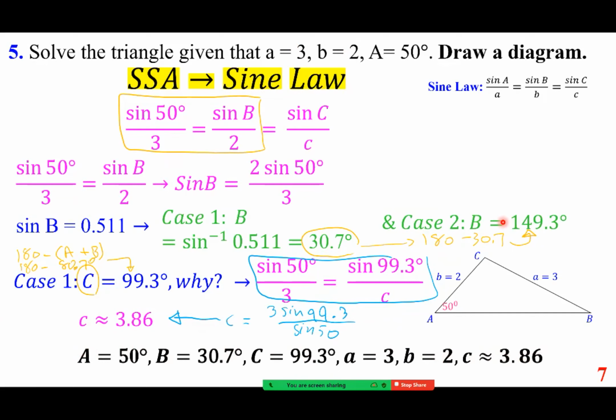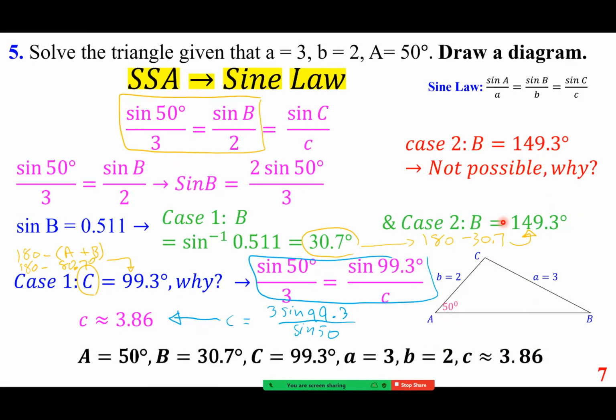What about case 2? That is not possible. Why is that? Because when you add this one with 50, the sum is more than 180. So there is no way to find the third angle. So whenever the sum of this and this is more than 180, that does not work.